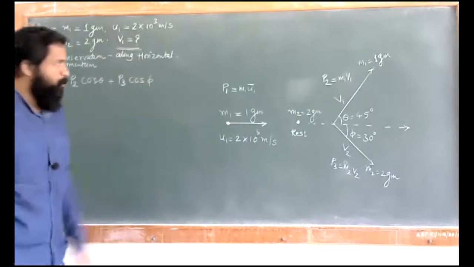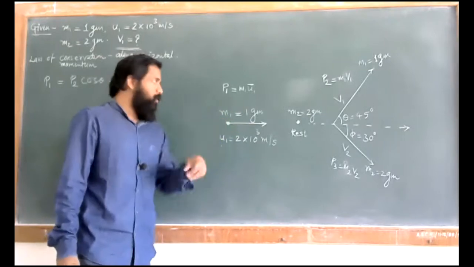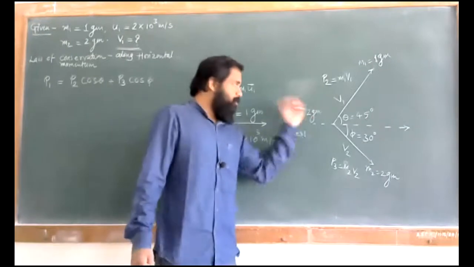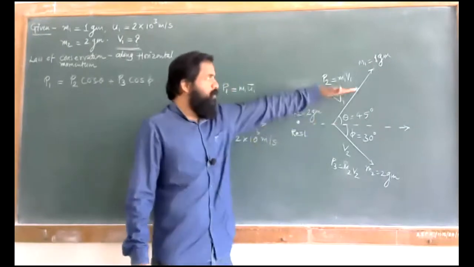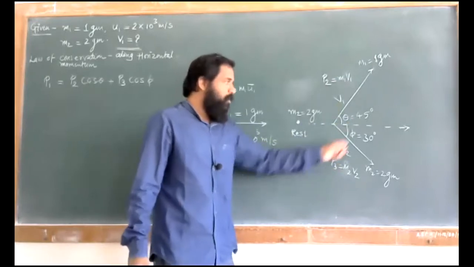The angle here is nothing but 0, so cos 0 is equal to 1. The second particle is at rest, so its momentum is 0, and it doesn't matter. So P1 is equal to P2 cos theta plus P3 cos phi.